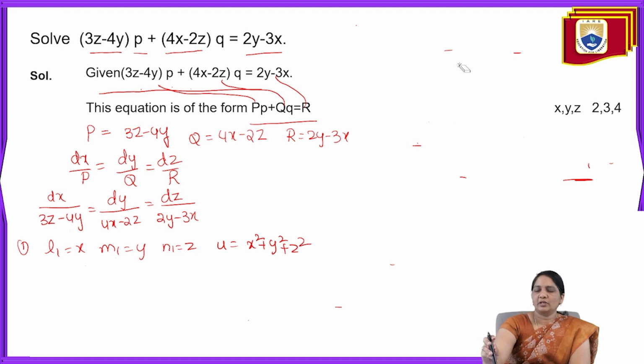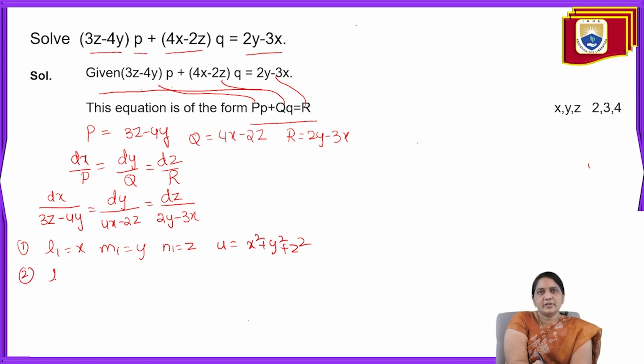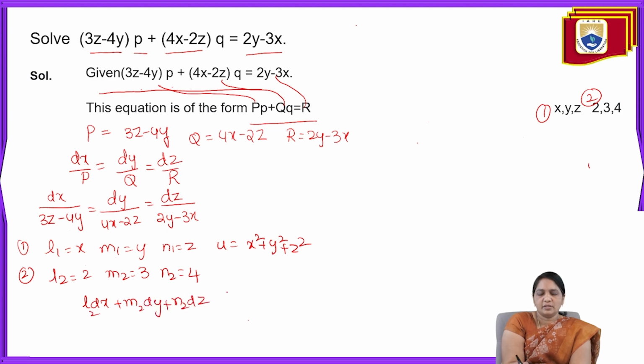Now I am going to calculate v. So the second set of multipliers: L2 equal to 2, M2 equal to 3 and N2 equal to 4. So now according to the condition L dx plus M dy plus N dz, here L2 is 2 dx plus 3 dy plus 4 dz.